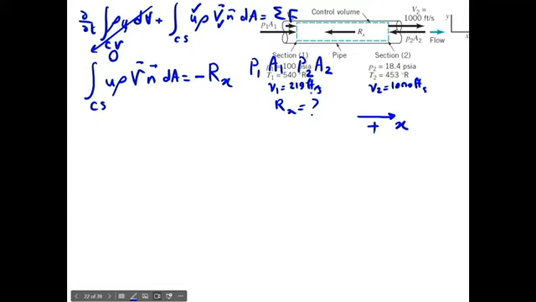What's the direction? Pressure is always toward the cross section. So if you look at the picture even, you can find that this is positive, this is negative. So the direction is important.